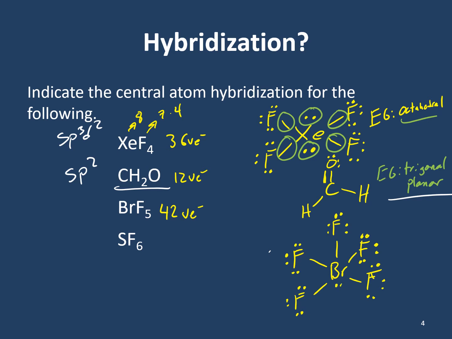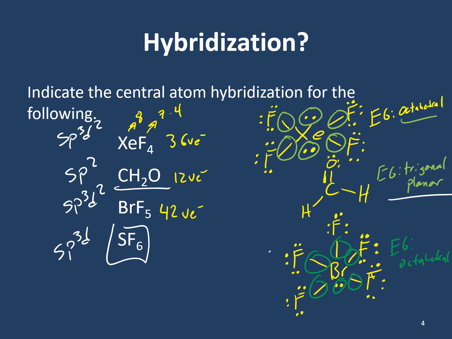The other 2 go on the central atom. This again has 1, 2, 3, 4, 5, 6 groups of electrons, meaning our electron group geometry is octahedral. Or in other words, again, sp3d2. This one, I don't even have to draw it. I know it's octahedral, sp3d2, because there's 6 groups, so it has to be octahedral.